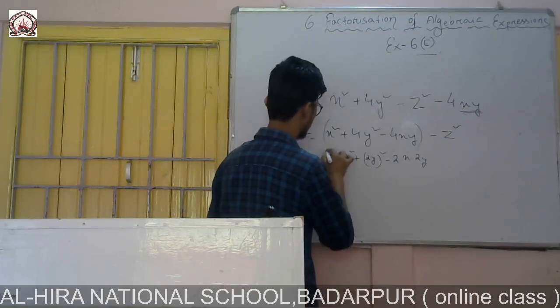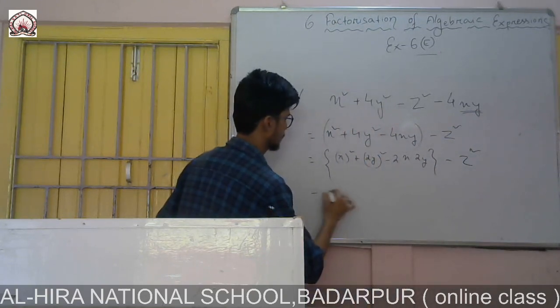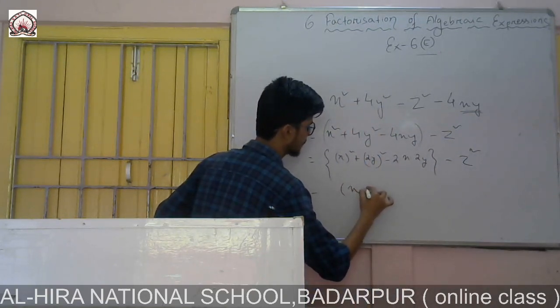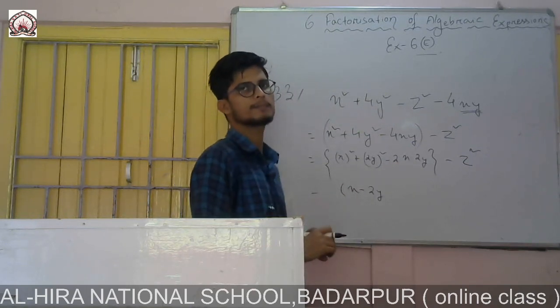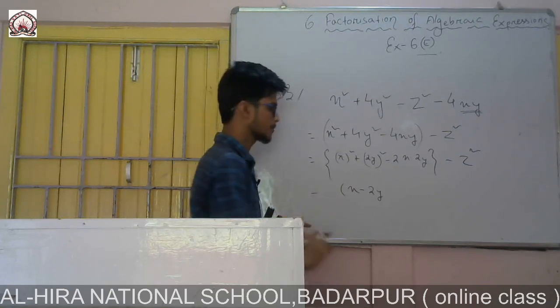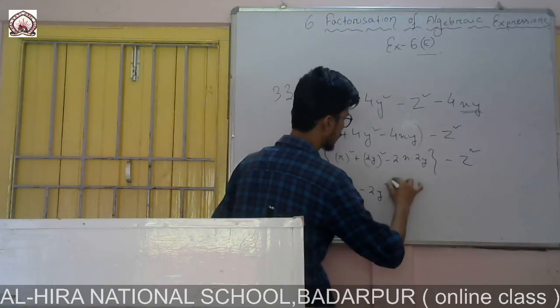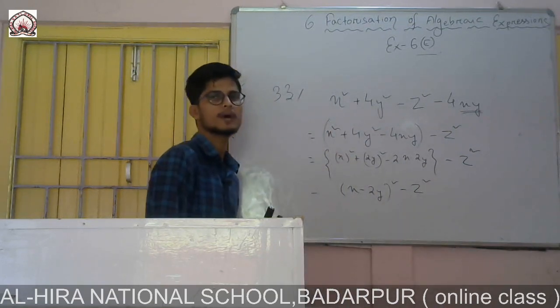Okay, minus z square. Which is equal to a minus b whole thing square, because there is minus: a square minus 2ab plus b square is a minus b whole thing square. So it will be x minus 2y whole thing square minus z square. So now it is in the form a square minus b square.